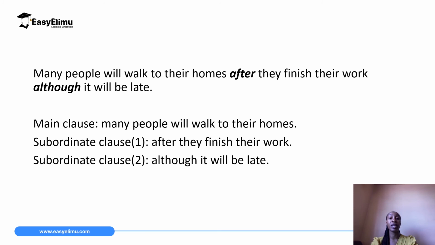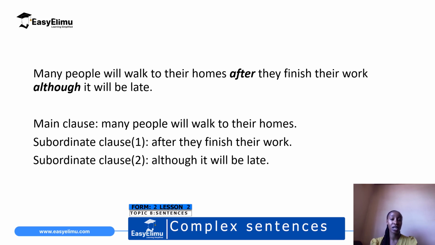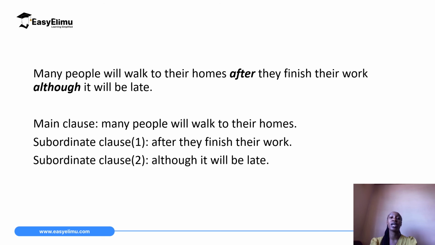Although it will be late is the second subordinate clause, which has been introduced by the subordinating conjunction although. So I hope you have understood and you are now able to distinguish between compound sentences and complex sentences. You're able to define a complex sentence and you're able to also construct a complex sentence with one subordinate clause and with more than one subordinate clause.